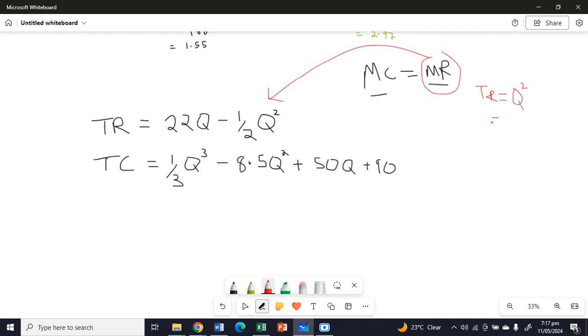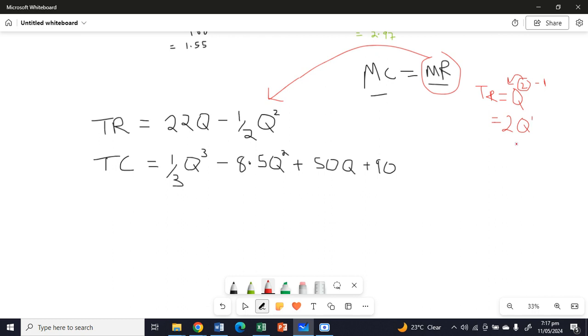If you remember differentiation, the principle is the exponent multiplied by the coefficient, which is 1, so 2 times 1 is 2. And the exponent, you subtract a 1, so 2 minus 1 is 1. So we have a marginal revenue of 2q.